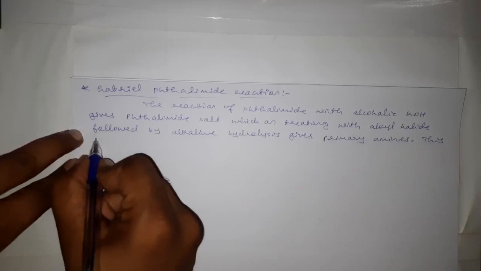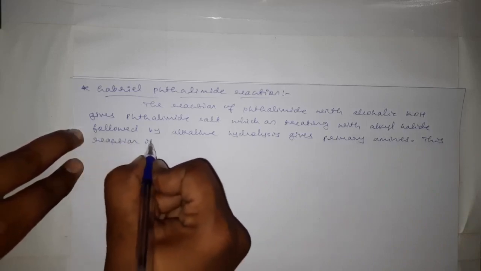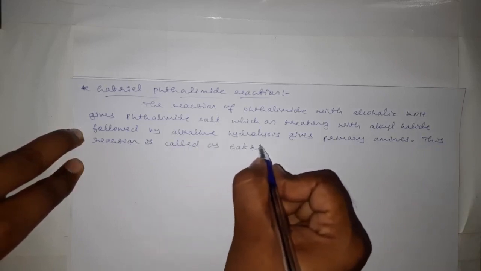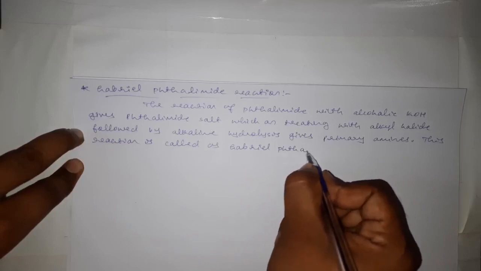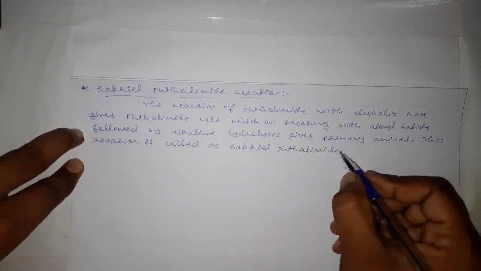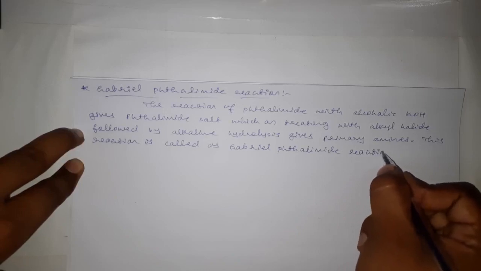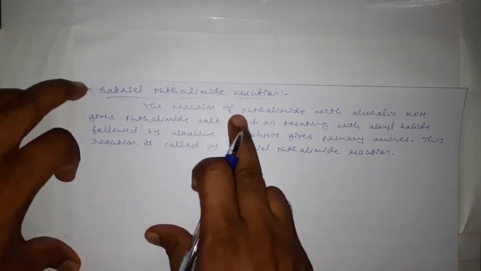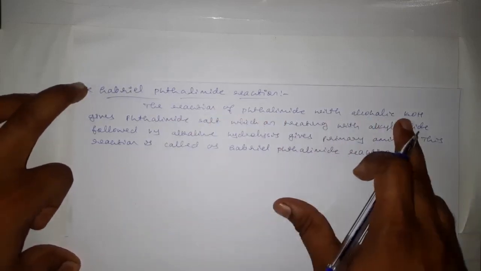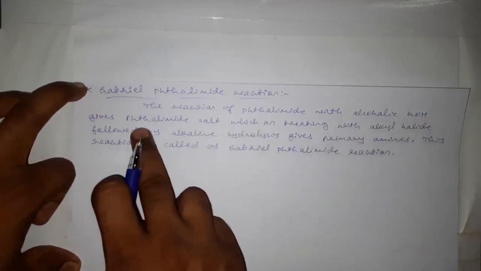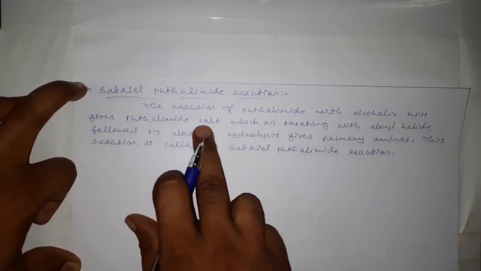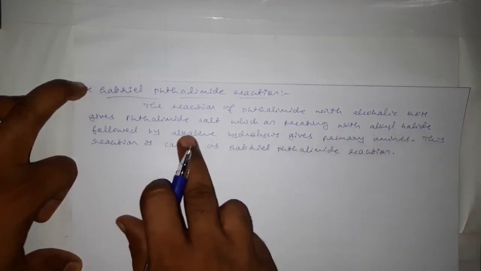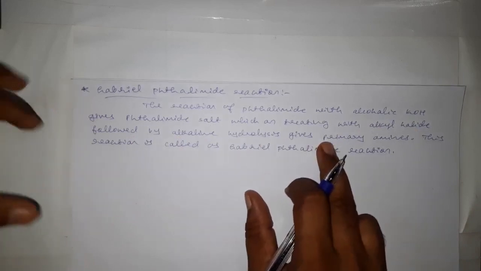This reaction is called the Gabriel Phthalimide reaction. This Gabriel Phthalimide reaction is the reaction of phthalimide with alcoholic potassium hydroxide, which first gives phthalimide salt, and this phthalimide salt on treating with alkyl halide followed by alkaline hydrolysis gives primary amine.